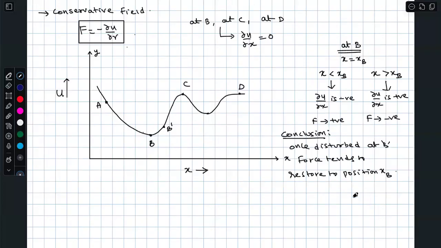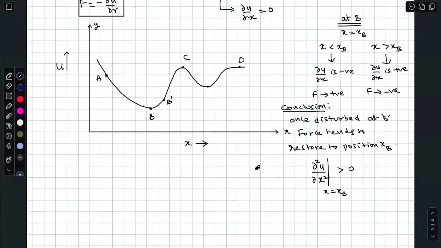Not only that, at B, if you take dou square U by dou X square at X is equal to XB, it is greater than 0. Am I right or not? I'll explain why. Please note that dou U by dou X at XB is equal to 0, and this is also one condition, greater than 0.